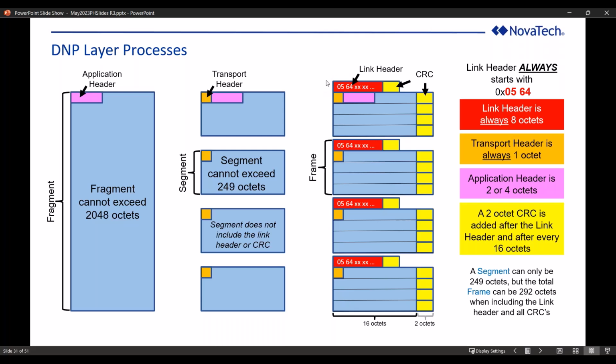The data link header will be added, and then CRCs, cyclic redundancy checks. There's a slide for this, but I always call them CRC. Apparently I didn't memorize the acronym, but that gets added to the segments, and now this is what we call a frame. This is what I call an envelope. It gets ready to be sent.